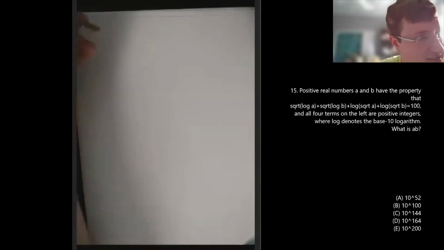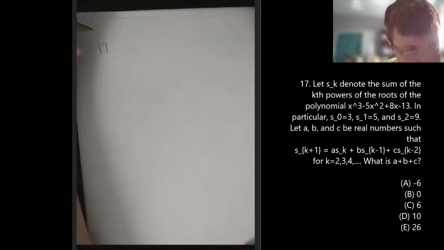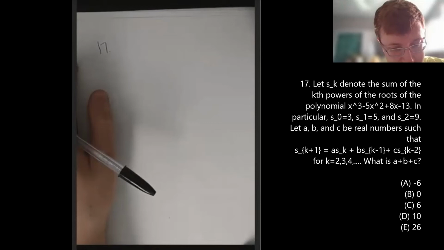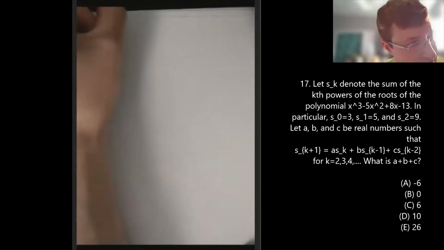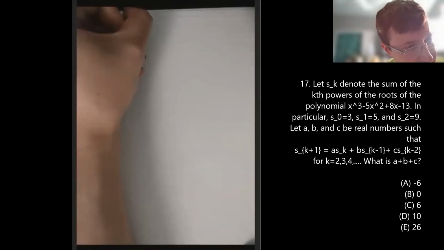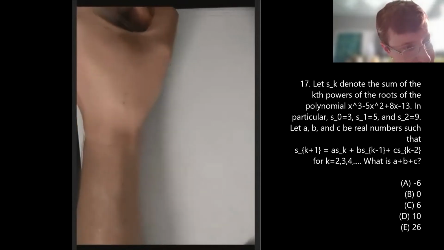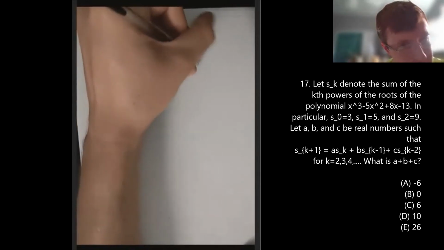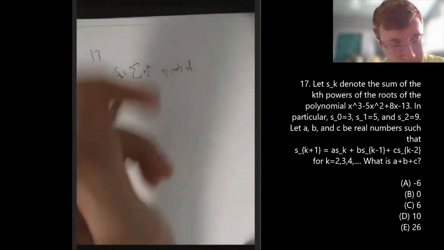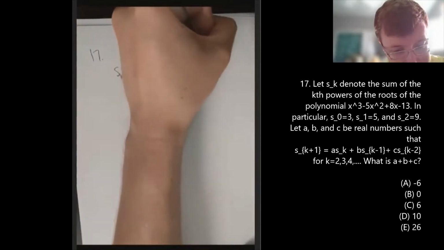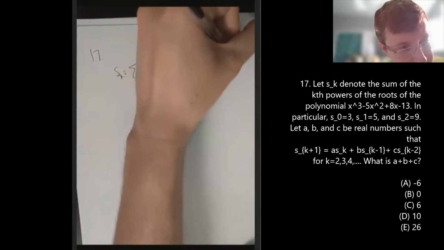Okay, let's go to 17. So sk is the sum of the kth powers of the roots of this polynomial, x cubed minus 5x squared plus 8x minus 13.